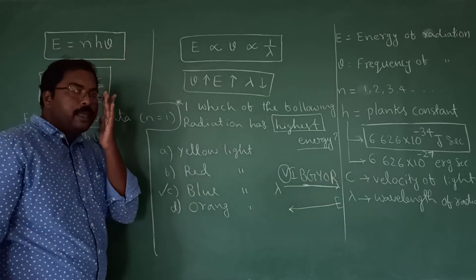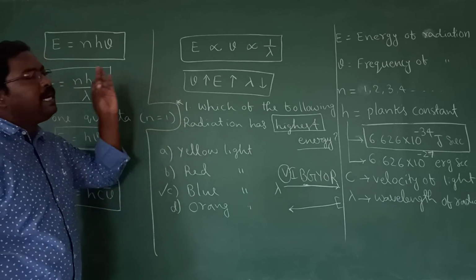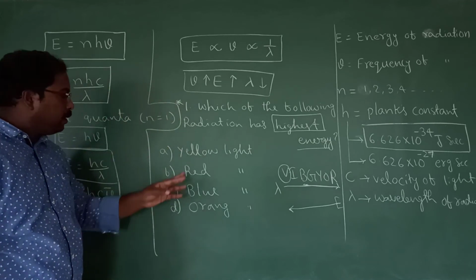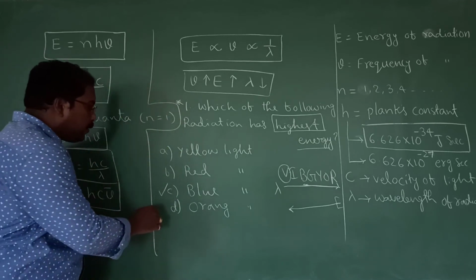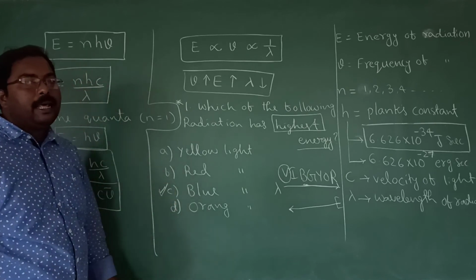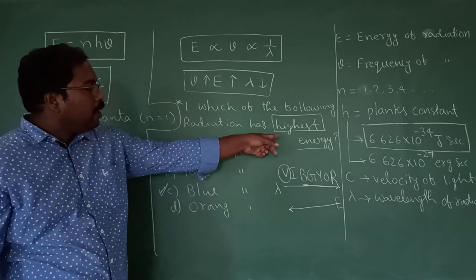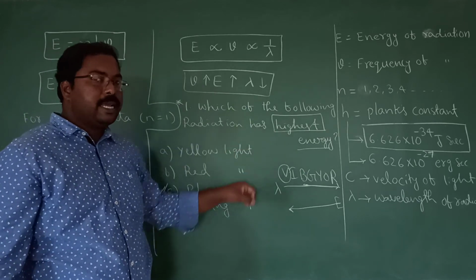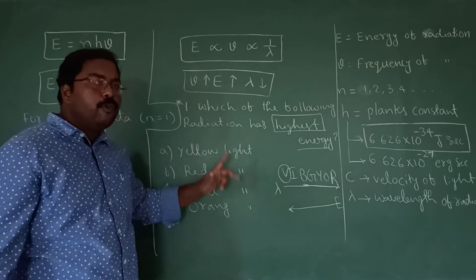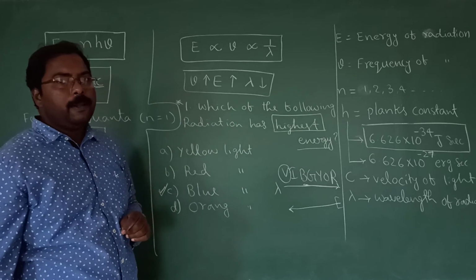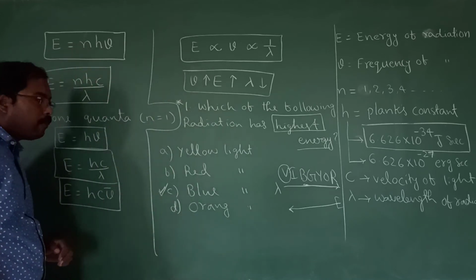Like these types of questions, they ask many times. So note this down. The answer for this question is blue, because it has the lowest wavelength, nothing but the highest energy out of the four given options.